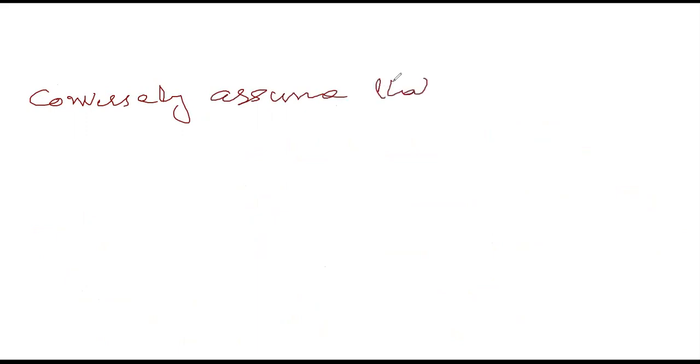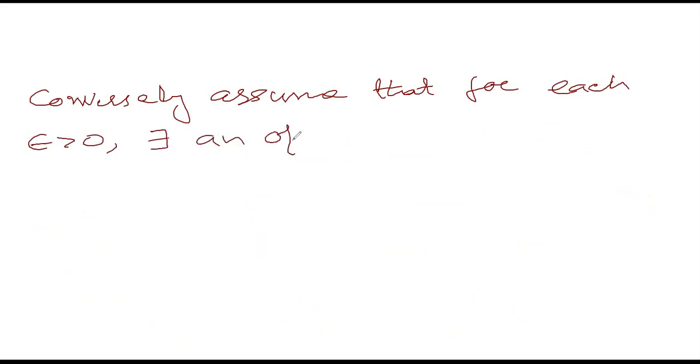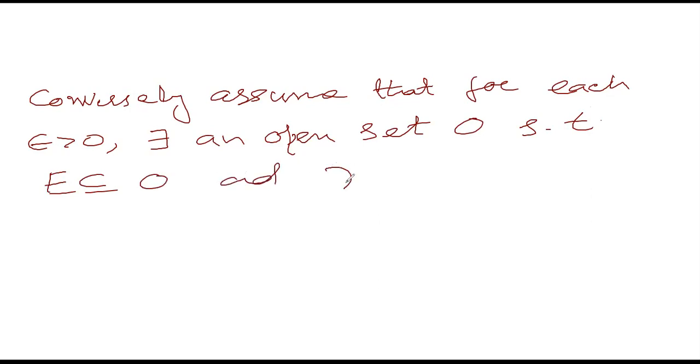Conversely, assume that for each positive epsilon, there exists an open set O such that E is a subset of O and the Lebesgue measure of O minus E is less than epsilon.